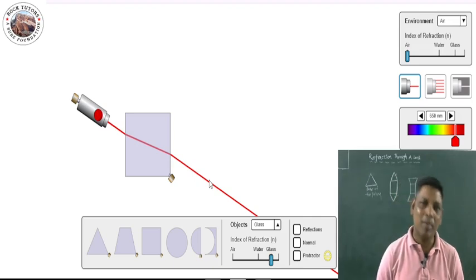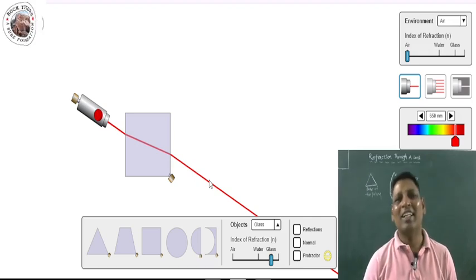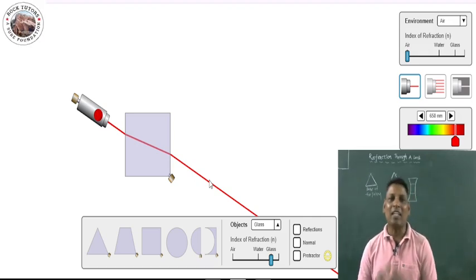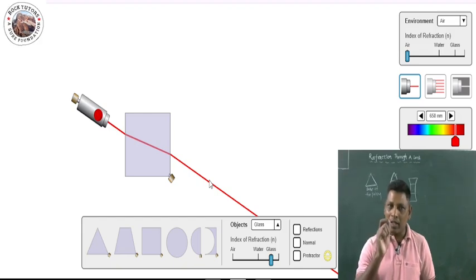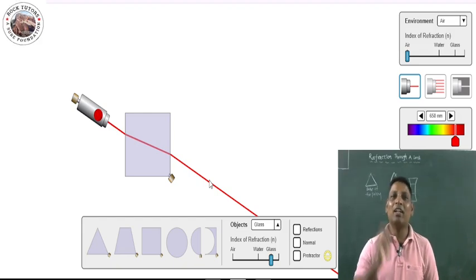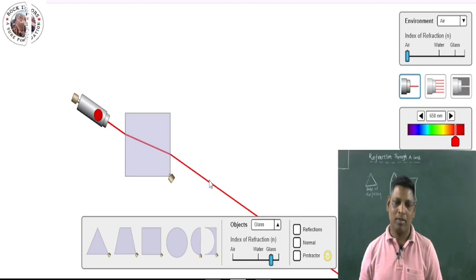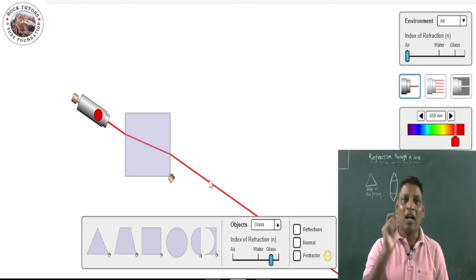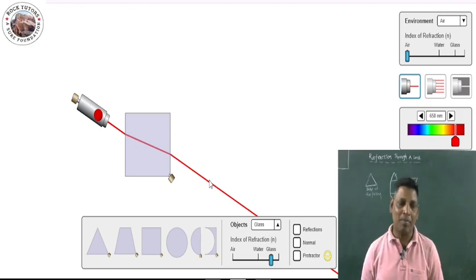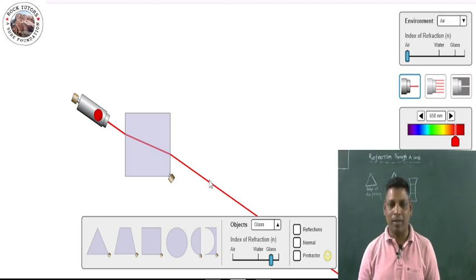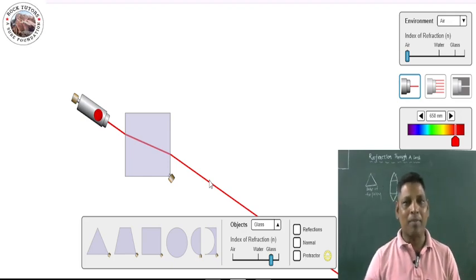This is the emergent ray. In this activity we will learn lateral shift. I will explain how lateral shift happens and what is meant by lateral shift.